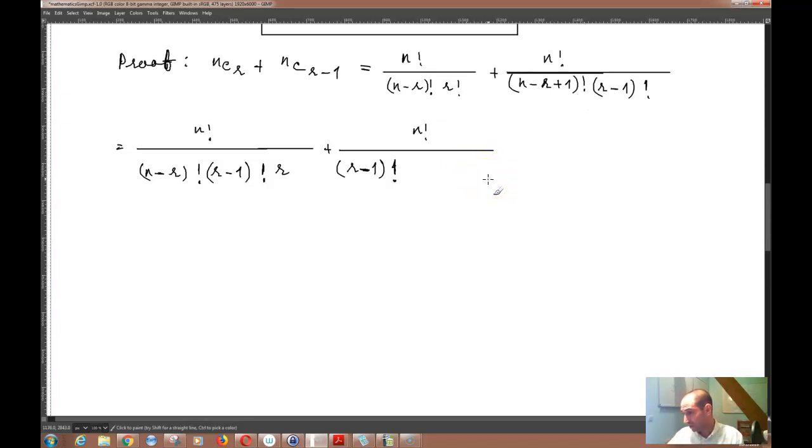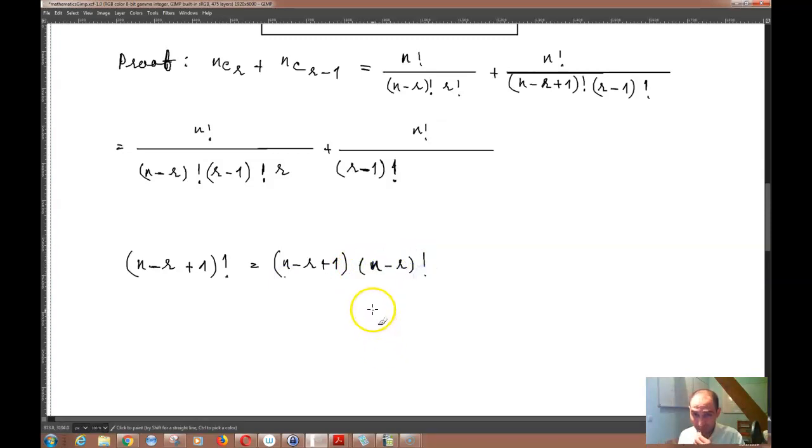So r minus 1 factorial I have over here, and over here I have n minus r plus 1 factorial, which is written as n minus r plus 1 times n minus r factorial.